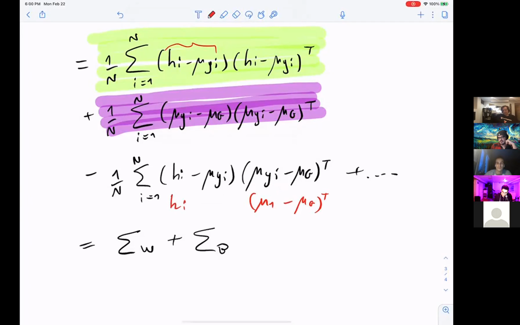You would have hi minus mu1, and then you would have a sum of y in the first class. Now, what is this equal to? Notice that nothing here depends on i except hi. And so if you sum over all the hi's, you get mu1. And so this is equal to 0.